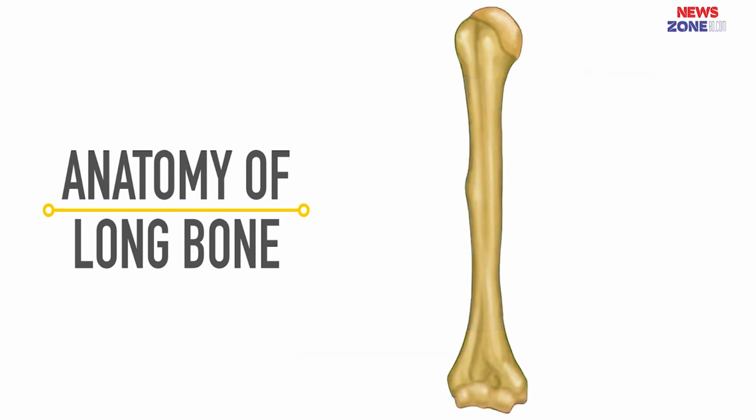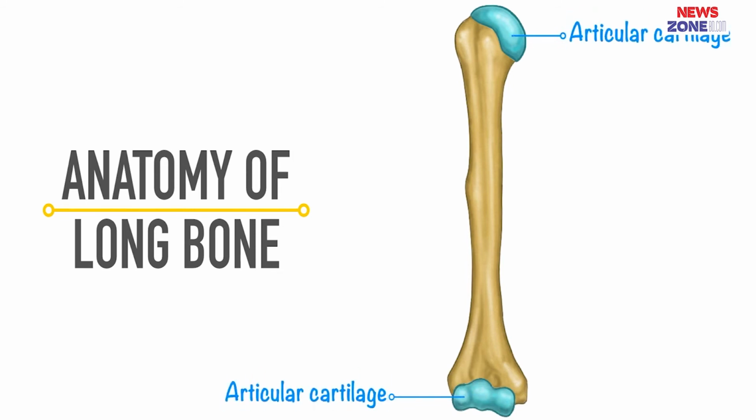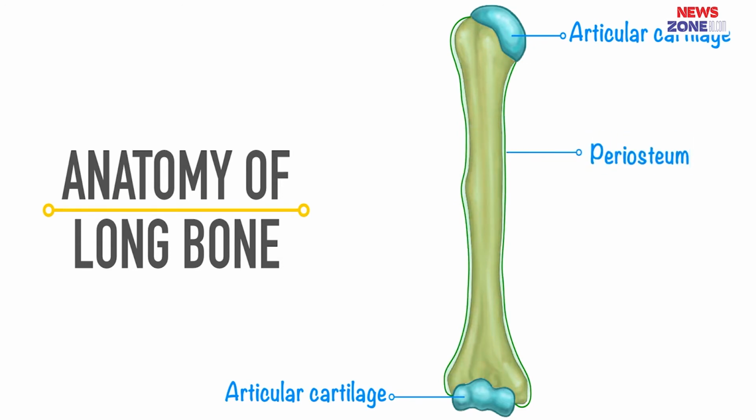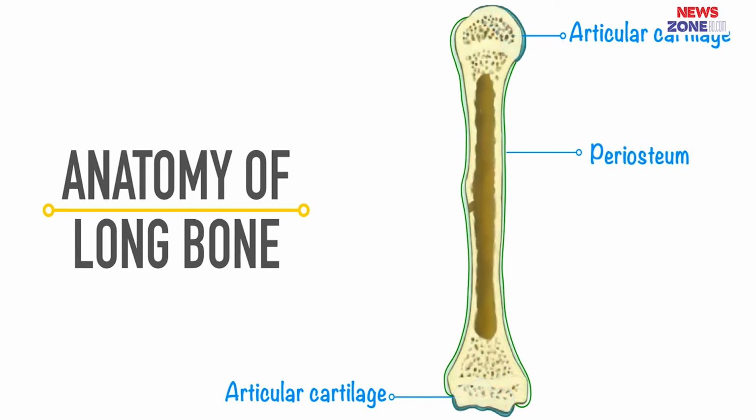The articular ends of the epiphysis or the joint surface are covered with articular cartilage. The rest of the external surface of the long bone is covered with a tough connective tissue sleeve called the periosteum. Nutrient foramen is an oblique canal usually situated in the middle third of the diaphysis of the long bones.